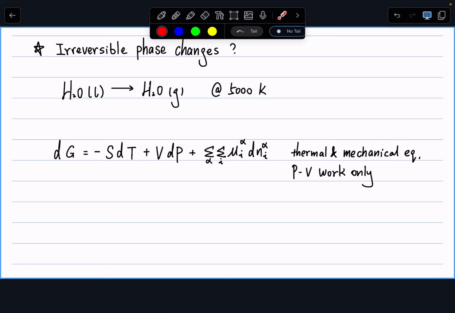Once my liquid water got transferred into water gas or water vapor at 5,000 Kelvin, there's no way it's going to come back. Doing the same kind of analysis, can we find a relationship between the chemical potentials of liquid water and vapor water in this condition? That's our goal here.